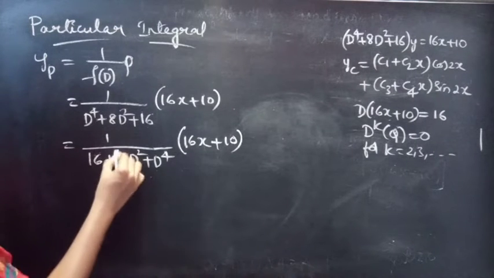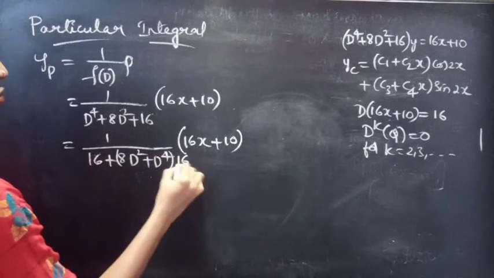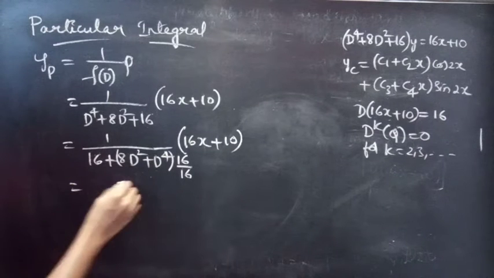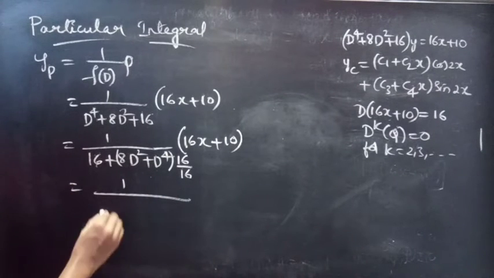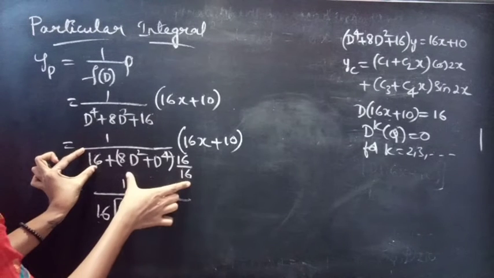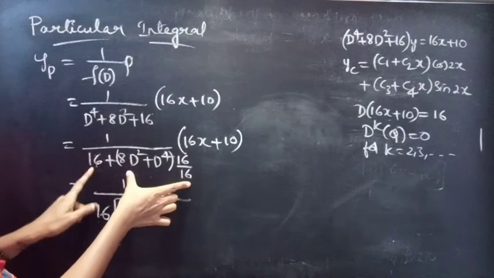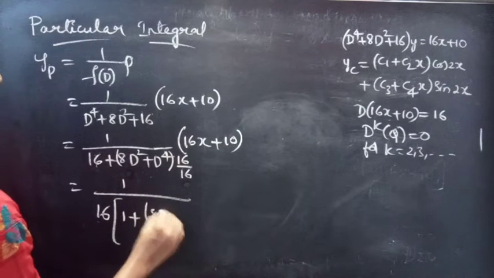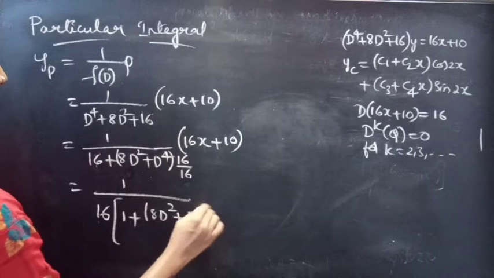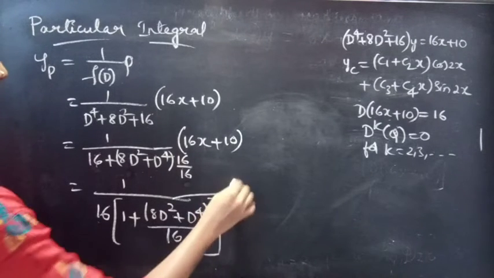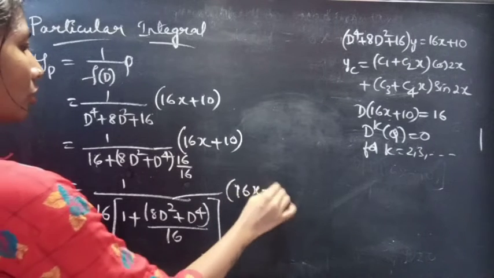So I'll multiply and divide 16 to the next two terms. Now it will be easy to take 16 common, right? If I take 16 common from the first term and second term, we'll get 16 into 1 plus 8d square plus d power 4 by 16, into q. It's easy, right?